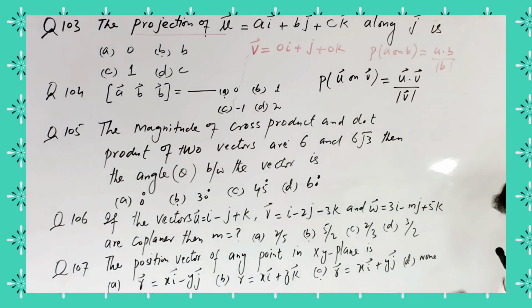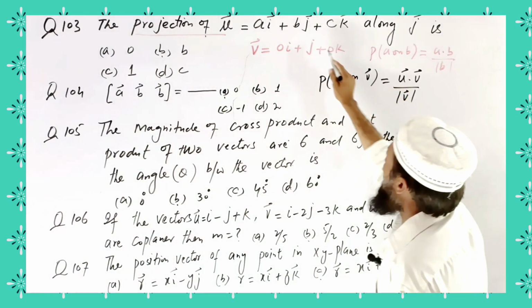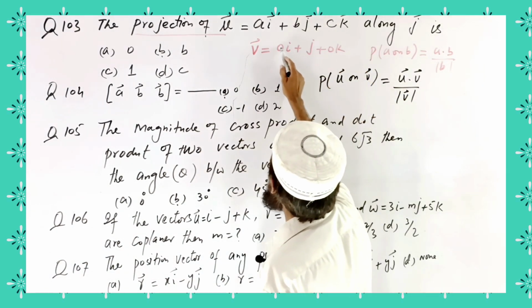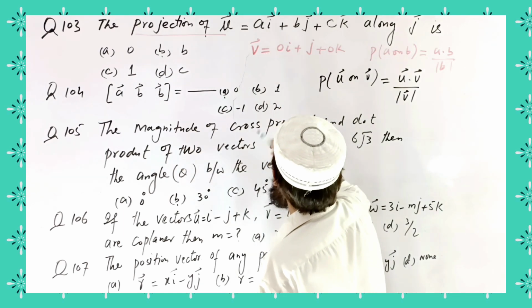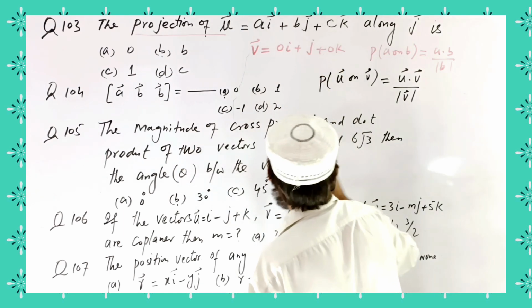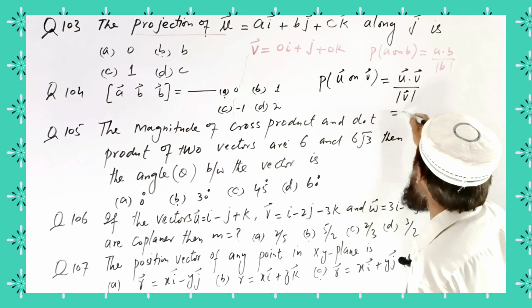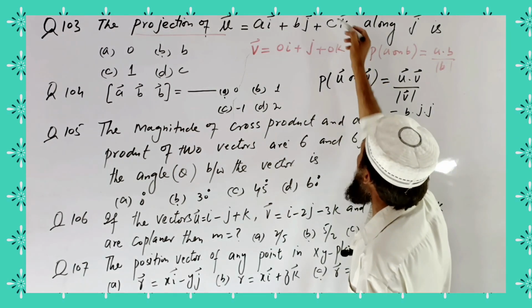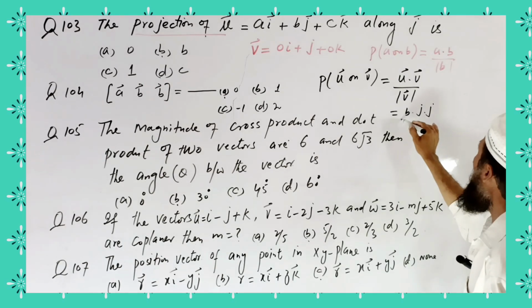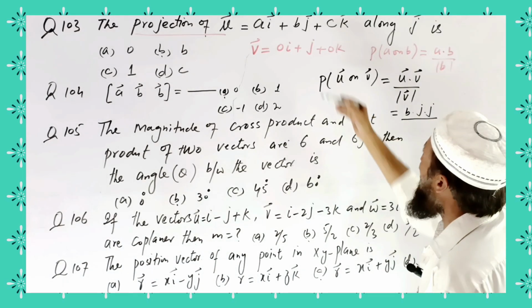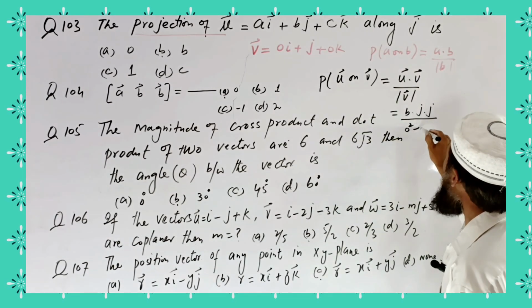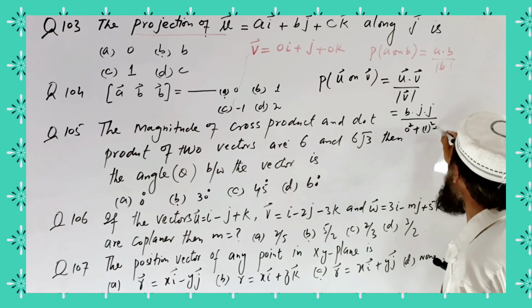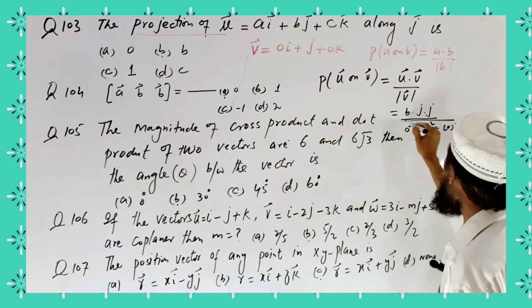So U dot V, along j: 0 multiplied by this is 0, and b dot j, and 0 multiplied by c is also 0, equal to the magnitude of V. The magnitude of V means the square root of 0 squared plus 1 squared plus 0 squared.